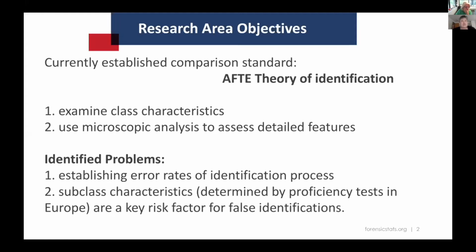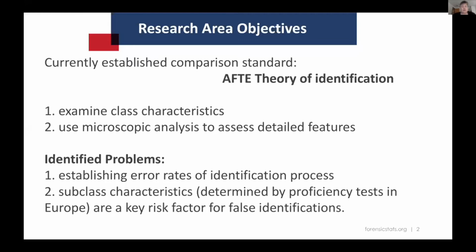So subclass characteristics are characteristics that come from using the same tool to make a barrel or to make a screwdriver, that are not unique to this particular tool, but shared across all of these screwdrivers, all of these barrels that were made by the same tool. So those kind of subclass characteristics are a key risk factor for making false identifications.